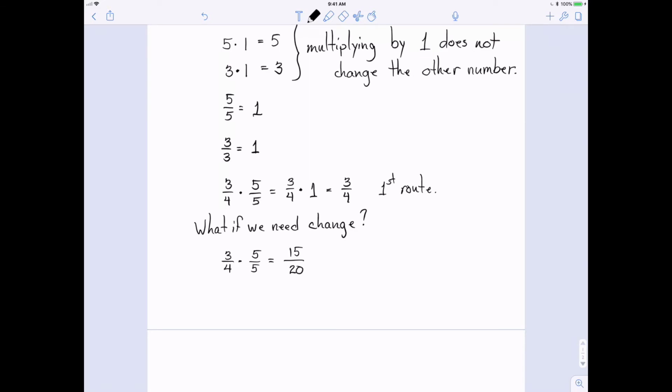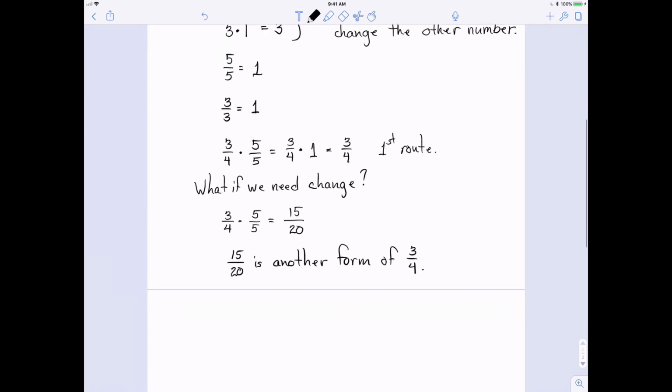In other words, 15/20 is another form of 3/4. Or, when we look at the problem up above, 2/4 is another form of 1/2. They're the same number, but now you might think of 15/20 as 3/4 in disguise.